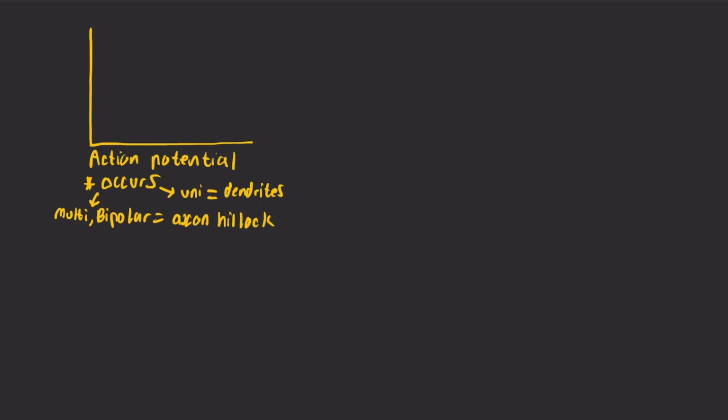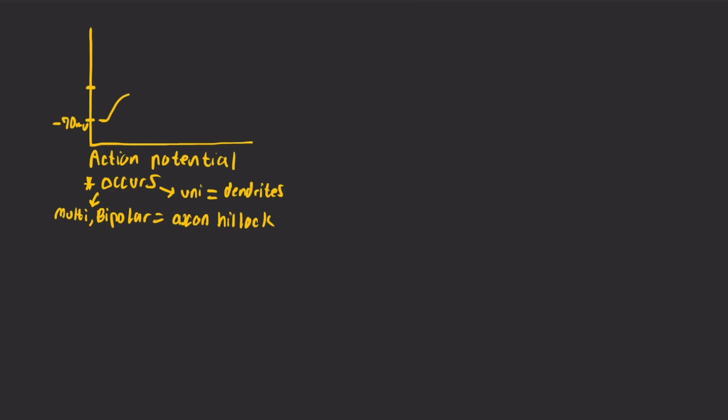So let's say a stimulus has occurred at the neuron. So this is a resting membrane potential. Actually, let's switch that here. Okay, so that is our resting membrane potential. And let's say there was a stimulus that was great enough to trigger it to over here.